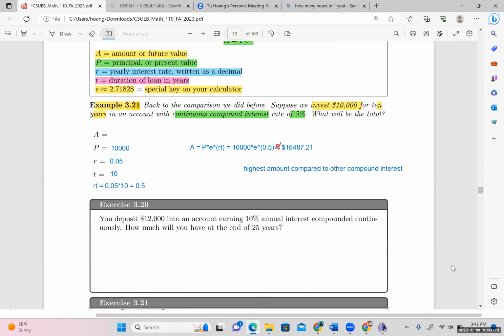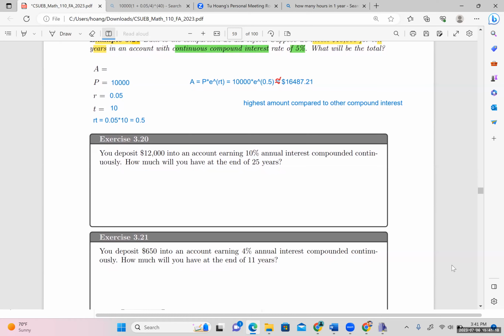All right, so I would like to skip 3.20, and we'll let you do that. The answer key will be 146,189.93.